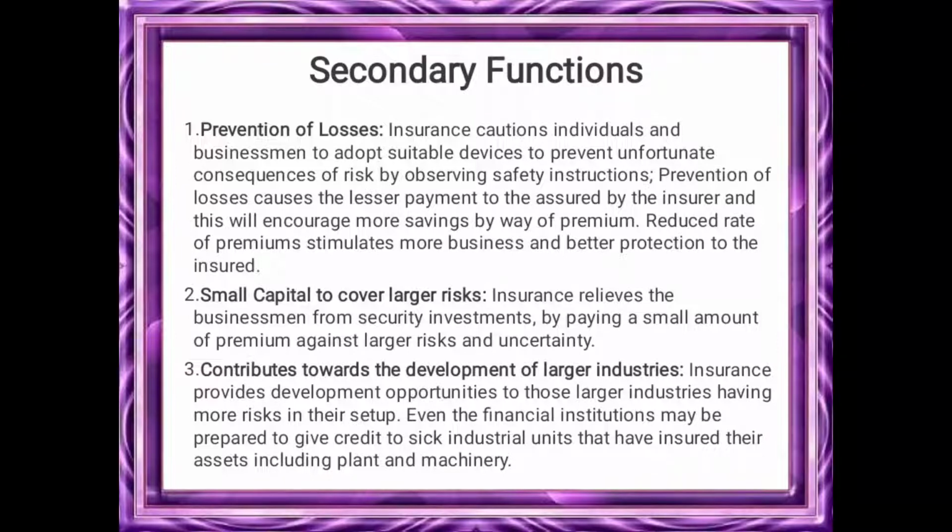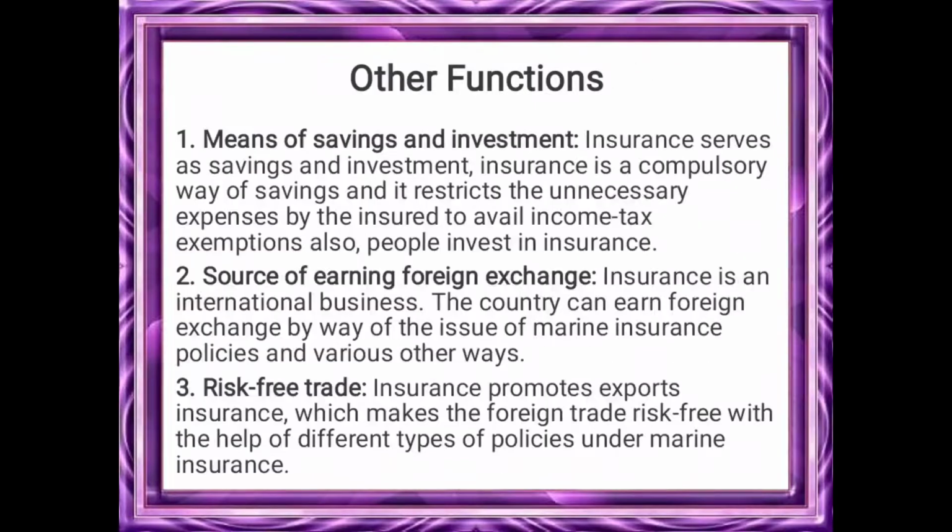So you have the basic primary functions, then you have the secondary functions. Let's see the other functions. So what are the other functions? Means of savings and investment. Insurance is a means of savings and investment. Actually you don't do it for the sake of investment. Insurance is done with the protection view, but at the same time it becomes an investment.